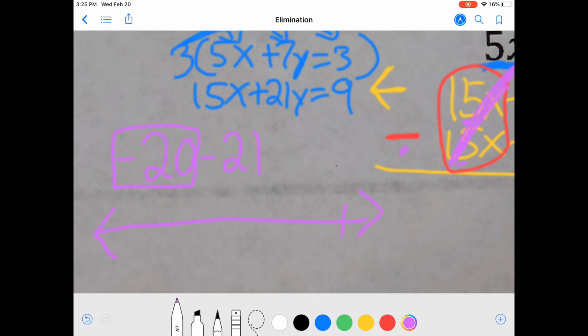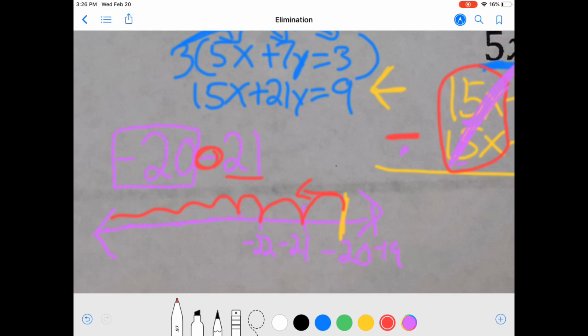Let's say negative 20 was here, negative 19 would be on the right side, then negative 21, negative 22, and so on down the number line. Negative 20 tells us to start at negative 20. Then the negative sign tells us to go to the left 21 units. 1, 2, 3, and so on.